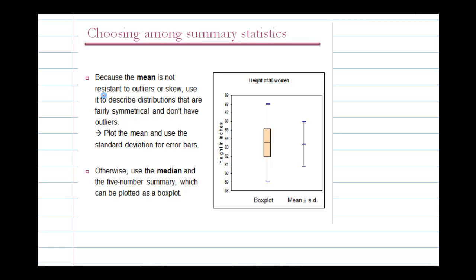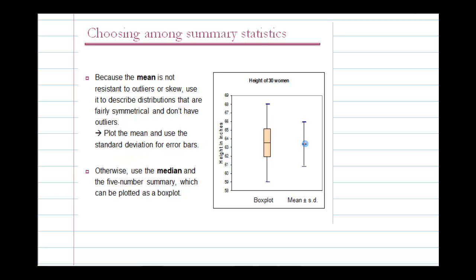The mean is not resistant to outliers or skew, so if we have a distribution that's very skewed, we shouldn't use it. But if we do have a distribution that's fairly symmetric and doesn't have a lot of outliers, a mean is a good value to use as well as the standard deviation. So how could we figure this out? Well, you could plot the data, look at a histogram, or you could also plot the mean and use the standard deviation for error bars.